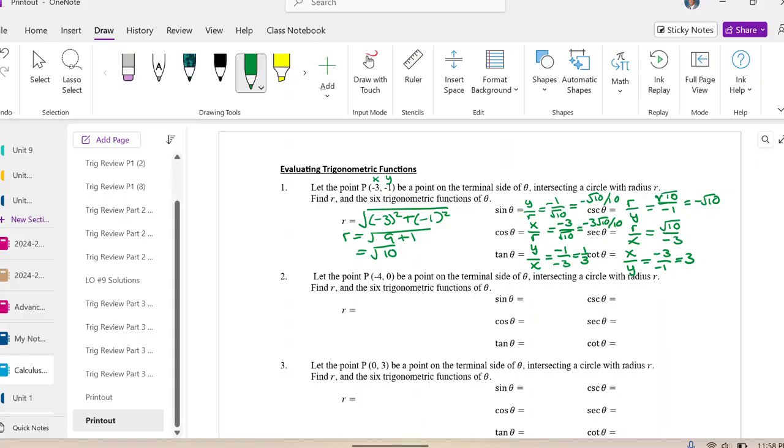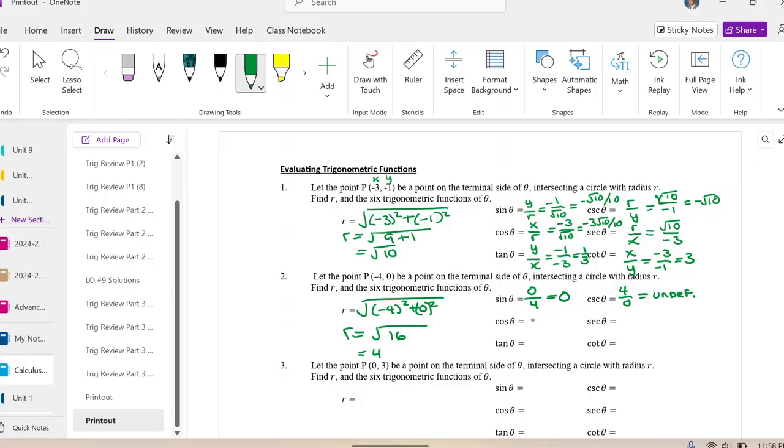Alright, so the next one, you take the square root of -4 squared plus 0 squared, and you'll get that that's the square root of 16, which is 4. So the sine would be 0 over 4, which is 0. The cosecant would be 4 over 0, which is undefined.